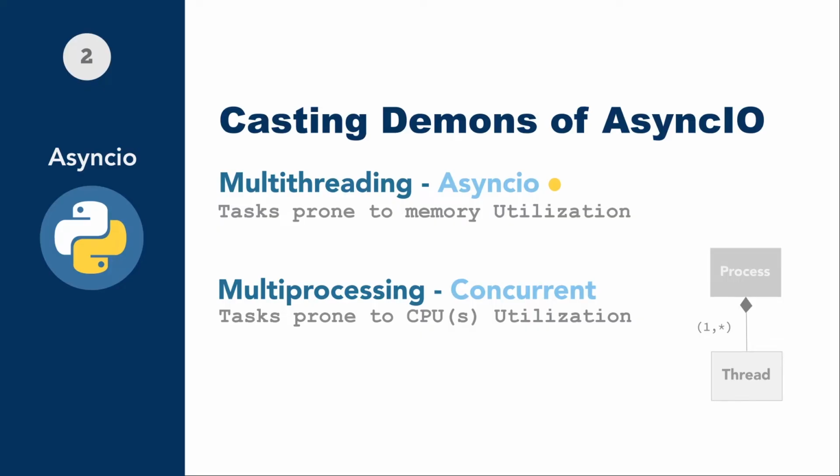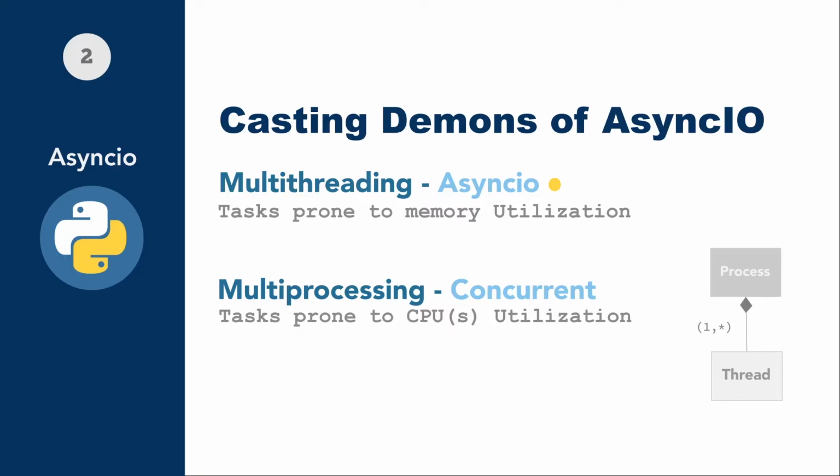We also have the concept of multiprocessing. In Python, multiprocessing as of today is managed by the module concurrent. So multiprocessing are tasks that are prone to CPU utilization. As you can see on the right side of the screen, we have a process.